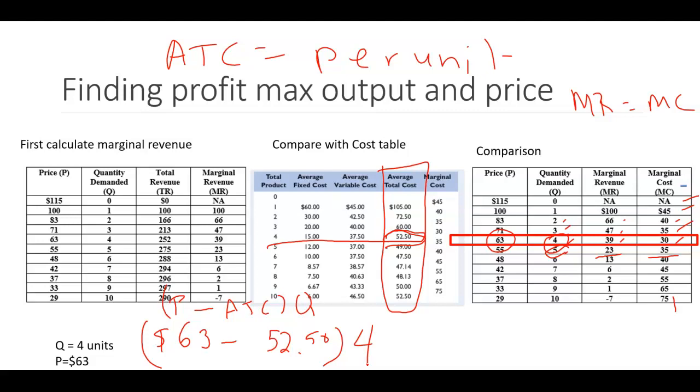Take your little calculator out, or you can do it in your head to figure this out. 63 minus 52.5. That's $10.50 per unit profit. And I am making 4 units. So my profit is $42.